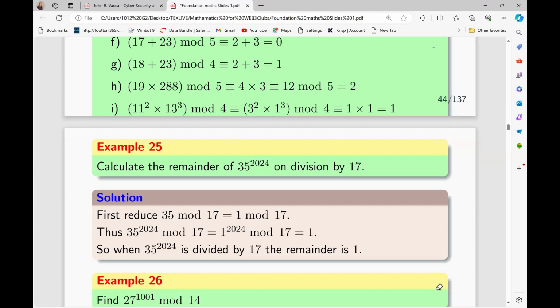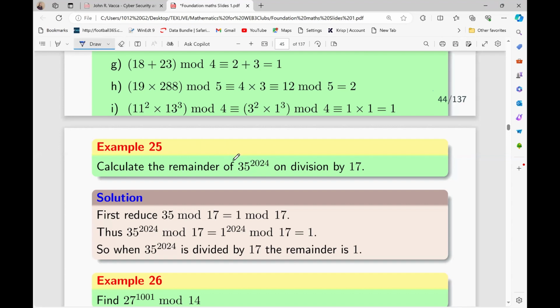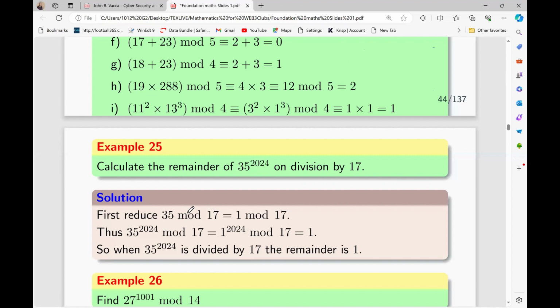But there's something we know, something we've already introduced in example I above. We said we can ignore the power for a moment, then divide this number by 17 and note the remainder. So the remainder when this number is divided by 17 is the same as the remainder when this number is divided by 17.